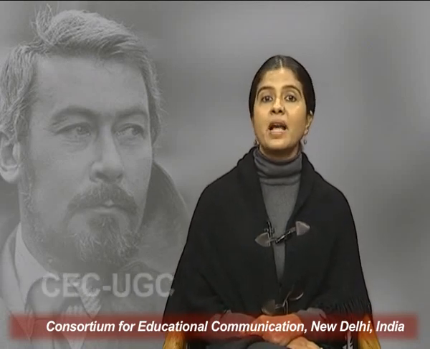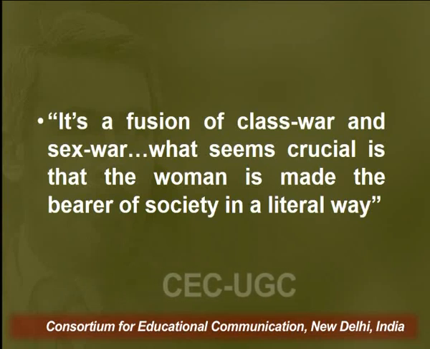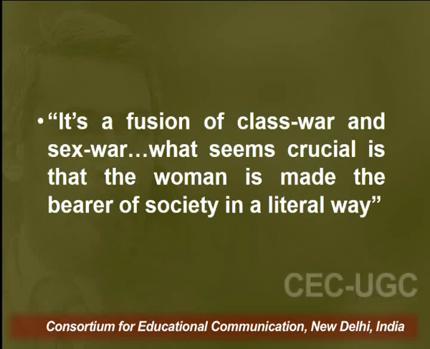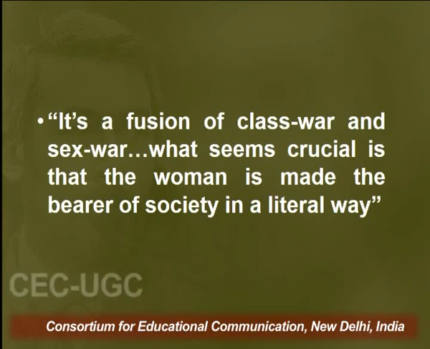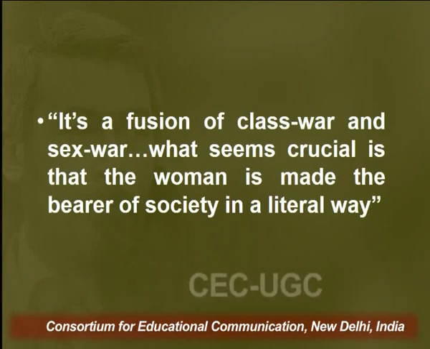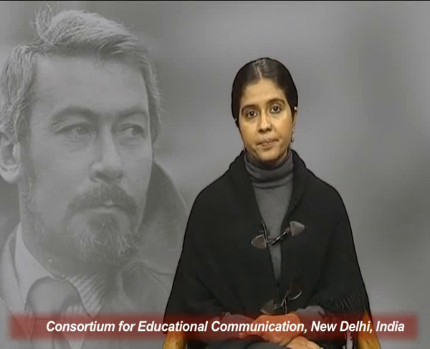The last observation that Williams makes, and a very important one, he says that it's a play with a fusion of class war and a sex war. What seems crucial is that the woman is made the bearer of society in a literal way. He says that in Look Back in Anger, as there is a class conflict between the two, Alison and Jimmy, at the same time, it seems to be a conflict along the lines of their opposite gender as well, right?